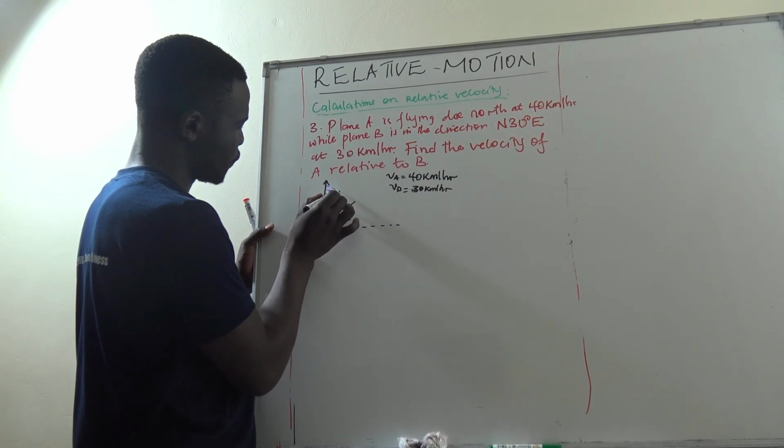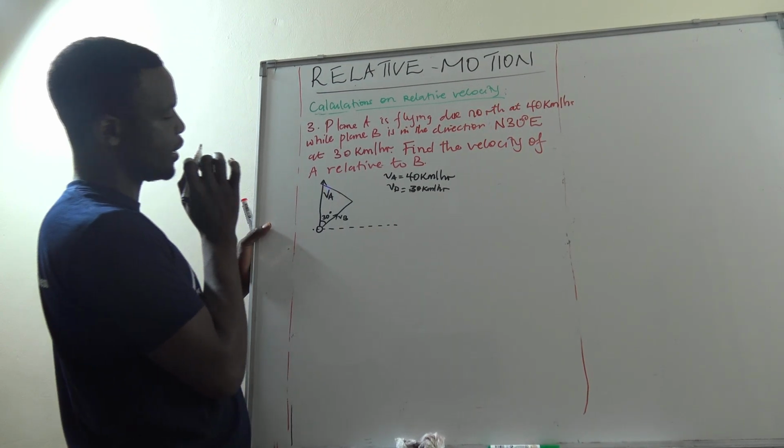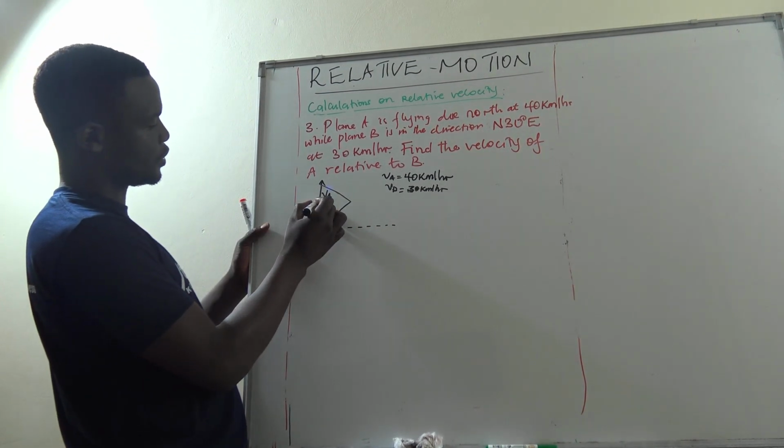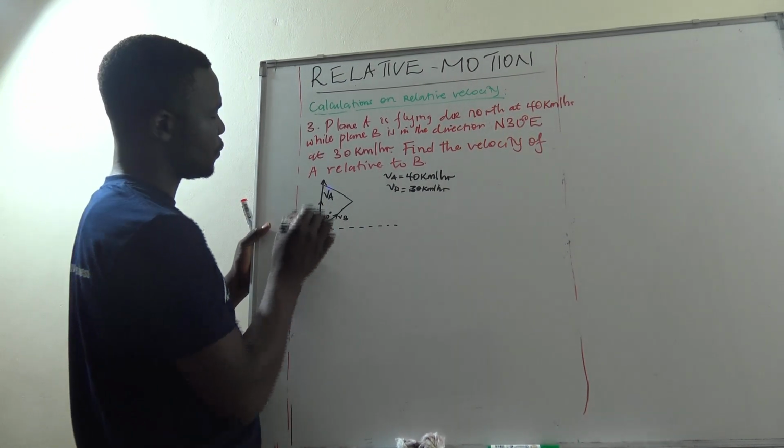We close them to give a triangle of forces, and after drawing it, the next thing is knowing which one is the observer.